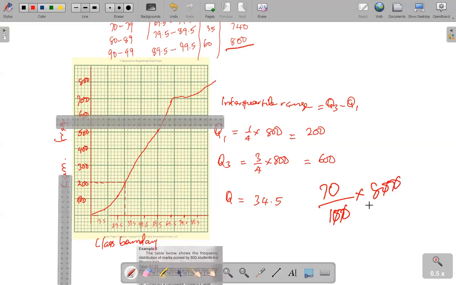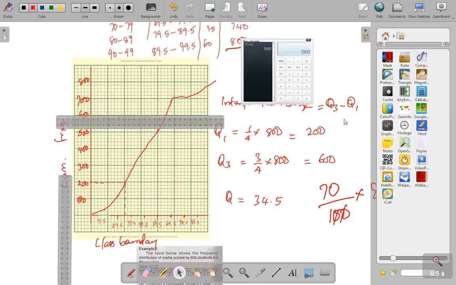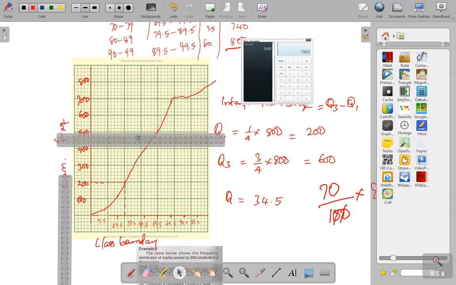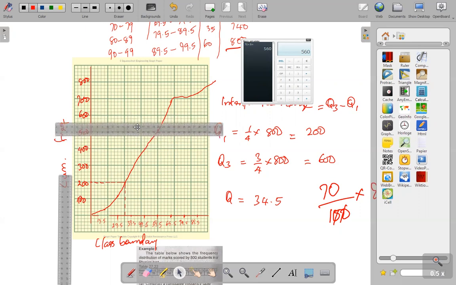That is 7 times 8, which is 560. So we will now place the ruler at 560 and trace it to the curve. This is 500, 520, 540, 560 is right here. So trace it down to the curve.